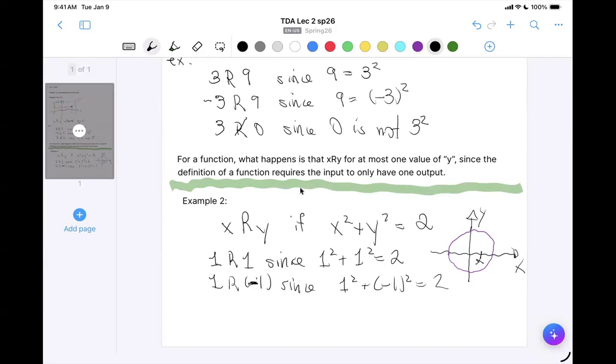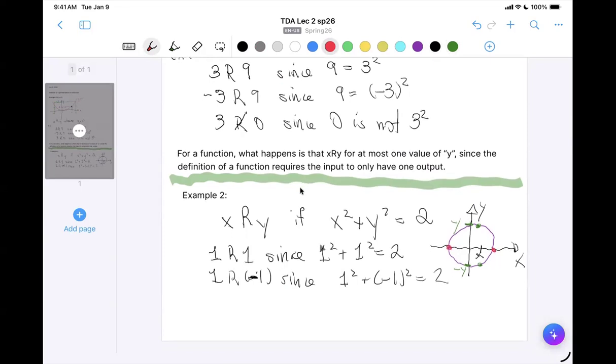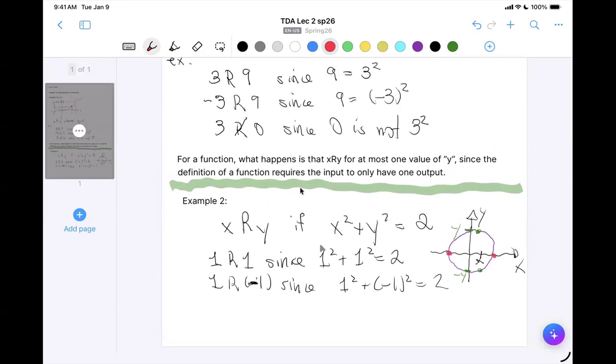So there's a y value here, and another y value here, negative y if you want. But if you happen to be on the equator, there's only one y value to which you are related.